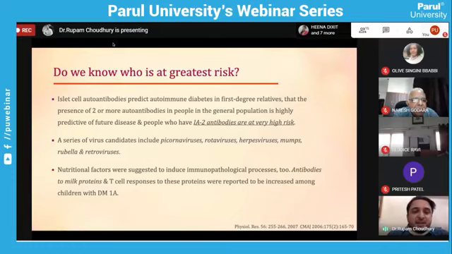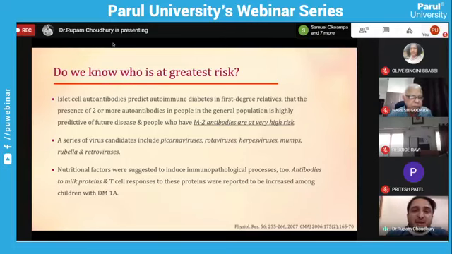A series of virus candidates like picornavirus, rotavirus, herpes, mumps, rubella, and retroviruses, as we have already discussed, and nutritional factors were suggested to induce immunopathological processes. Antibodies to milk protein, so also milk. There are a lot of papers that suggested that in early age, if a child gets cow milk, in those cases also the production of antibodies against beta cells has been seen.